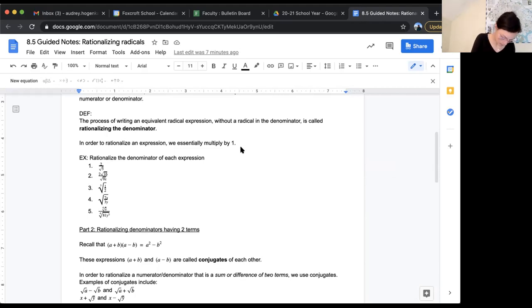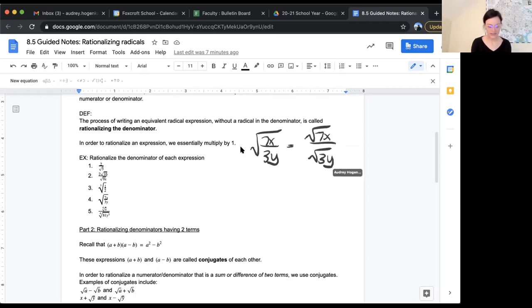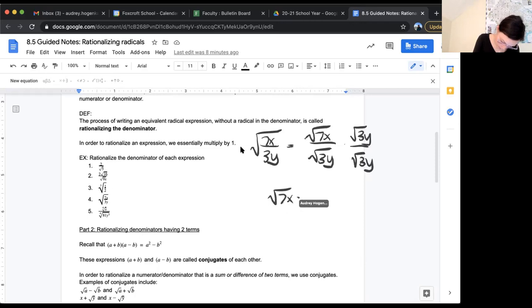All right, next up, we have the square root of 7x over 3y. First thing we're going to do is use the quotient rule, which will give us the square root of 7x over the square root of 3y. Neither of those expressions can be broken down any further. And so we want to multiply by essentially 1, which would be the square root of 3y over the square root of 3y. So in my numerator, I have the square root of 7x times the square root of 3y.